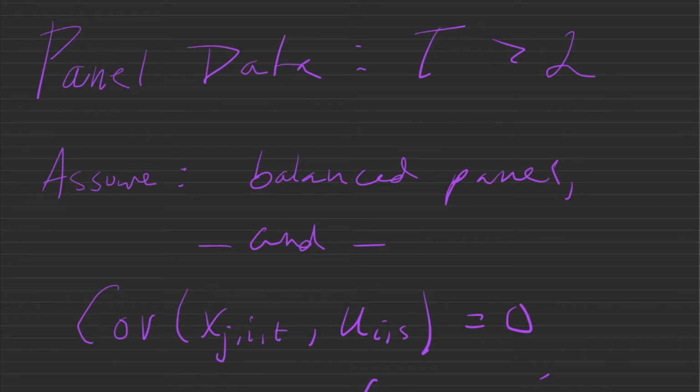More on this briefly. We will also see that omitting time varying variables that should be in the regression equation, and also measurement error, violate this assumption. So these are our 2 assumptions that we require for panel data with more than 2 time periods.